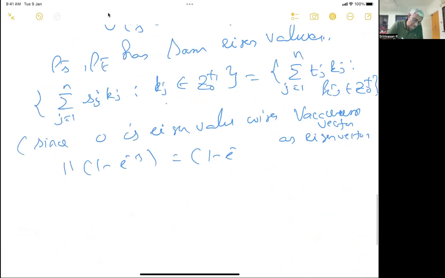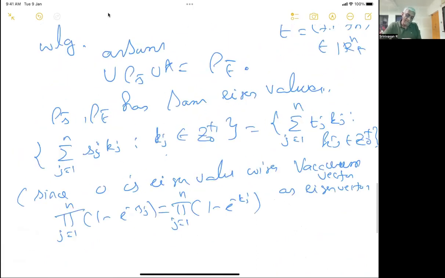So this implies the tensor product of j equal to 1 to n, this product, same as the product over j equal to 1 to n of e power minus tj. After cancelling the product, we get that some e power something is e power something, and e power minus is a one-to-one function. So whatever is inside there should be equal. So that is how we get this set.